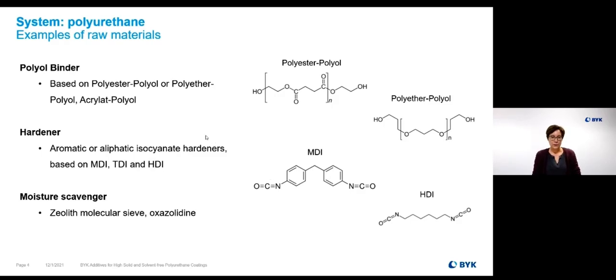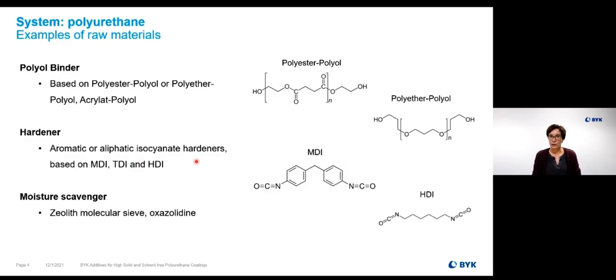When we talk about these systems, we have some main raw materials. On one hand side, we have the binder, the polyol binder. We do need OH functionality. We can have polyester polyols or polyether polyols or even acrylate ones. Then, of course, we need the second component, the hardener, often mentioned as component B. Here we differentiate between aromatic or aliphatic isocyanate hardeners.